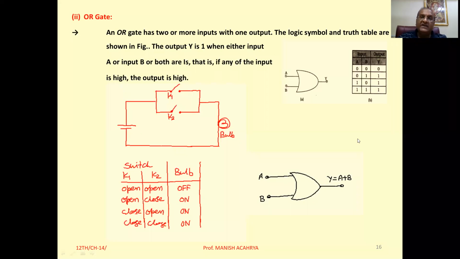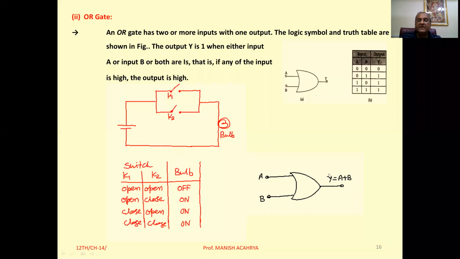Or in other words, for an OR gate, if all the inputs are absent, then and then only the output will be absent, or in any other case, you will get output. Clear to all of you? So this one is the working of the OR gate.